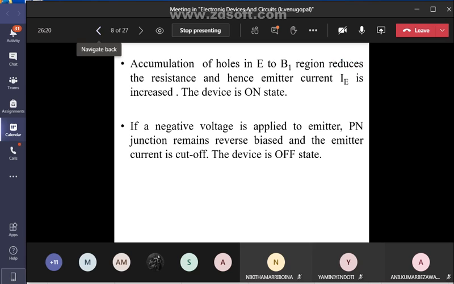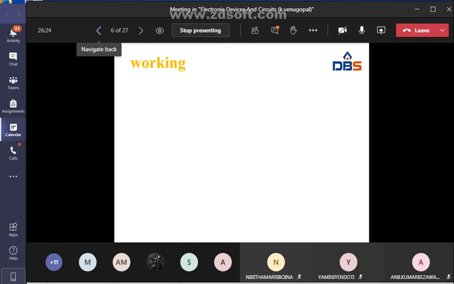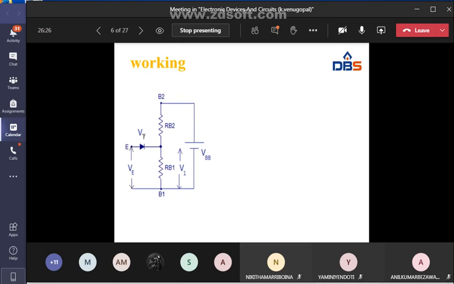Okay, see here, from the equivalent circuit. Here we are applying VBB, the base voltage, between base 2 and base 1. The voltage across RB1 is V1.